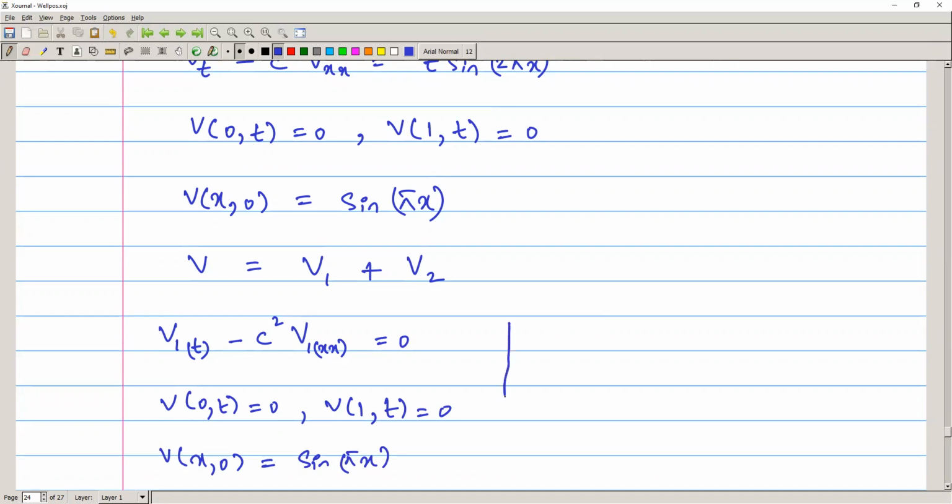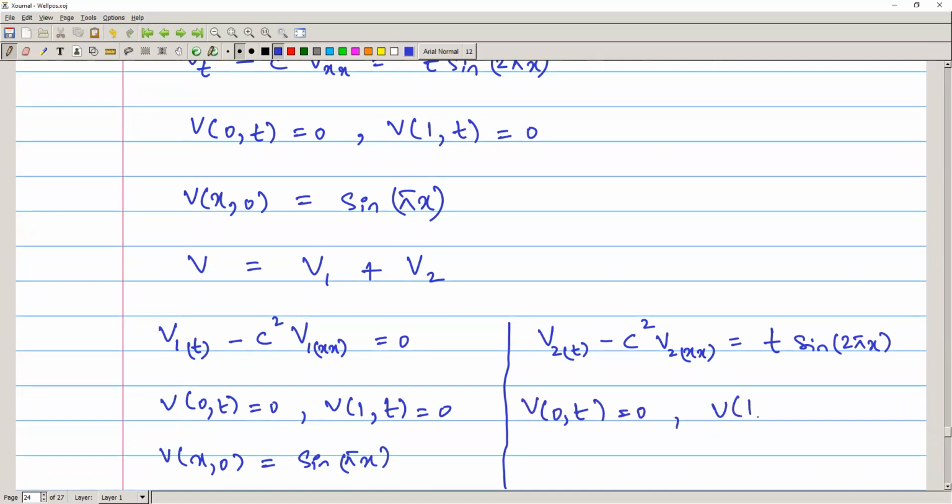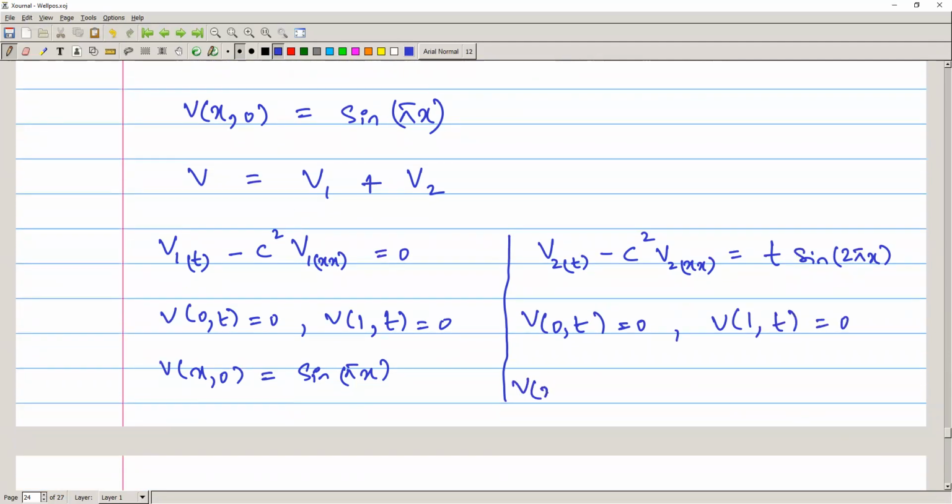And equation 2 will be v2 subscript t minus c squared v2 subscript xx is equal to t sine 2 pi x with homogeneous boundary conditions and with zero initial condition, right? So we can call it as 1 and this as 2.